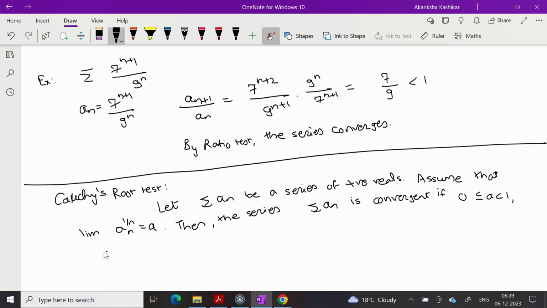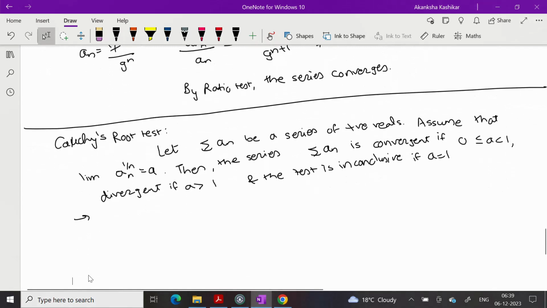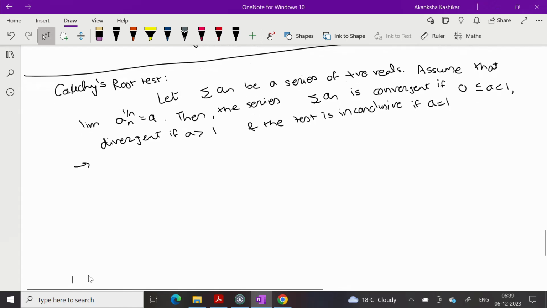It is divergent if a is greater than 1, and the test is inconclusive if a is equal to 1. So the root test also fails if the limit of the root turns out to be equal to 1.